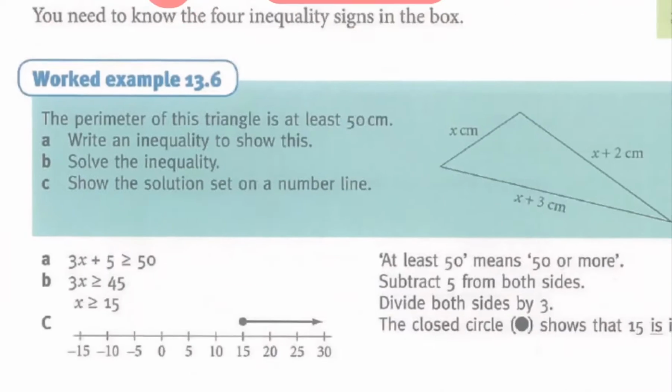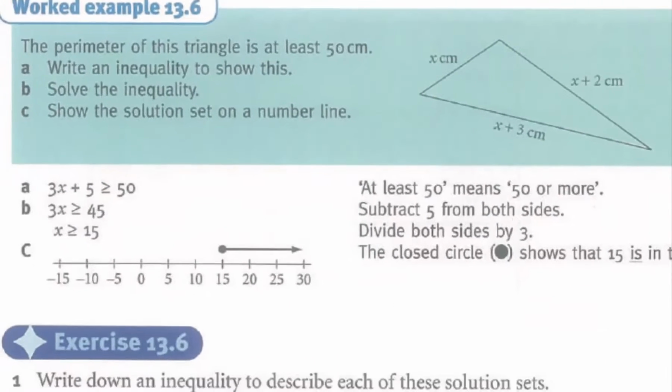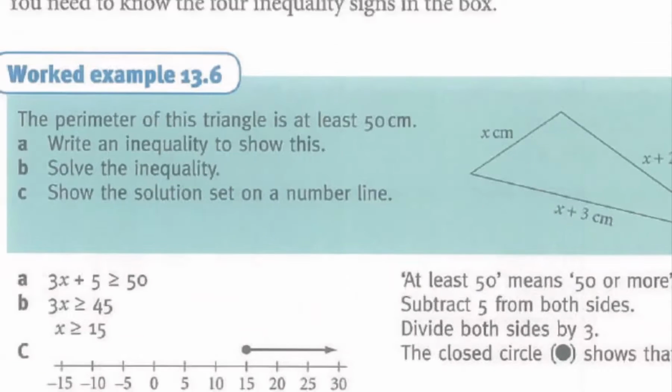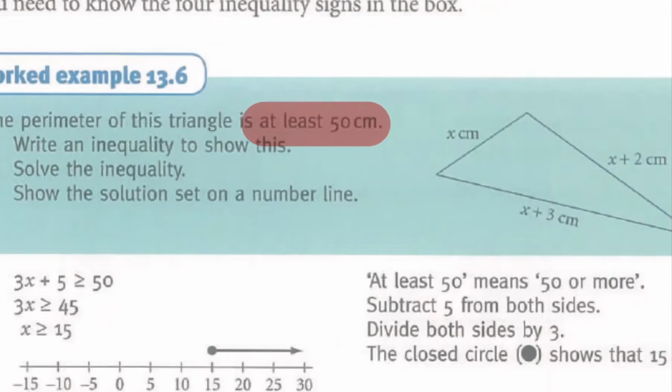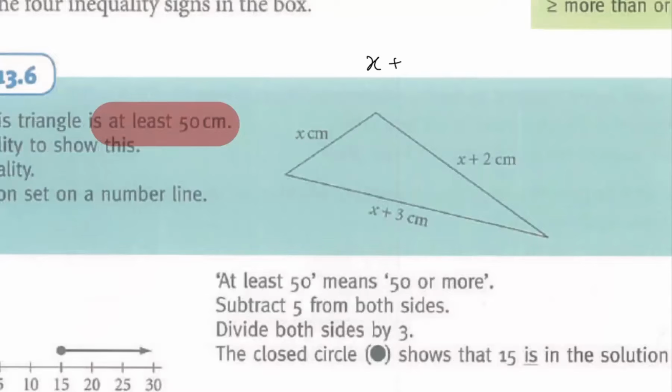Let's see if we have an answer here. The perimeter of this triangle is at least 50 centimeters, so it must be 50 or more. Let's write it: x plus 2 plus x plus 3 must be more than or equal to 50, which includes 50.